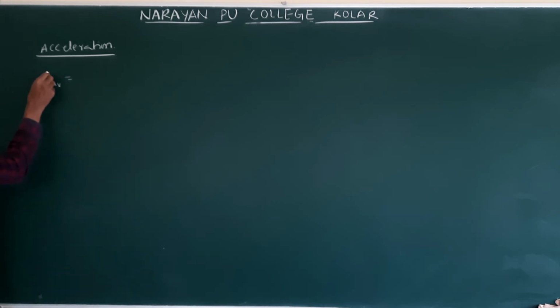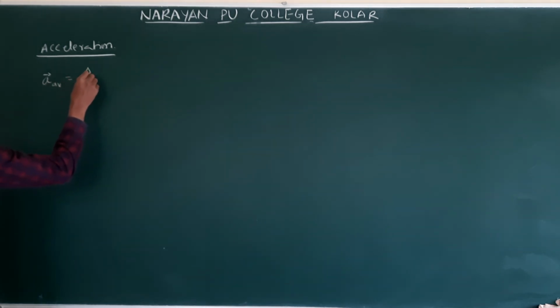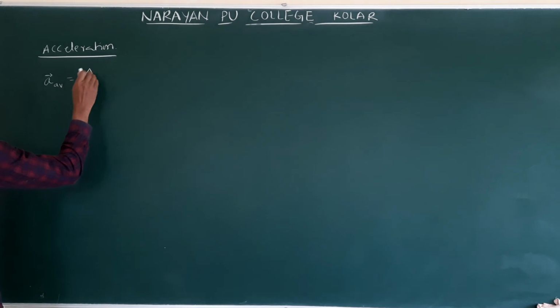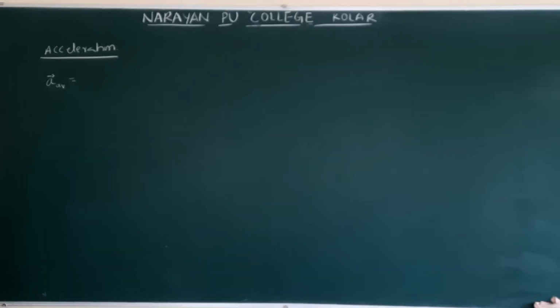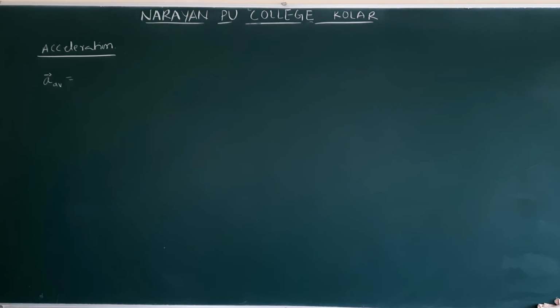This is a vector. So this we will write as rate of change of average velocity by time. So go back to last class equation, then you will find what is that average velocity vector.